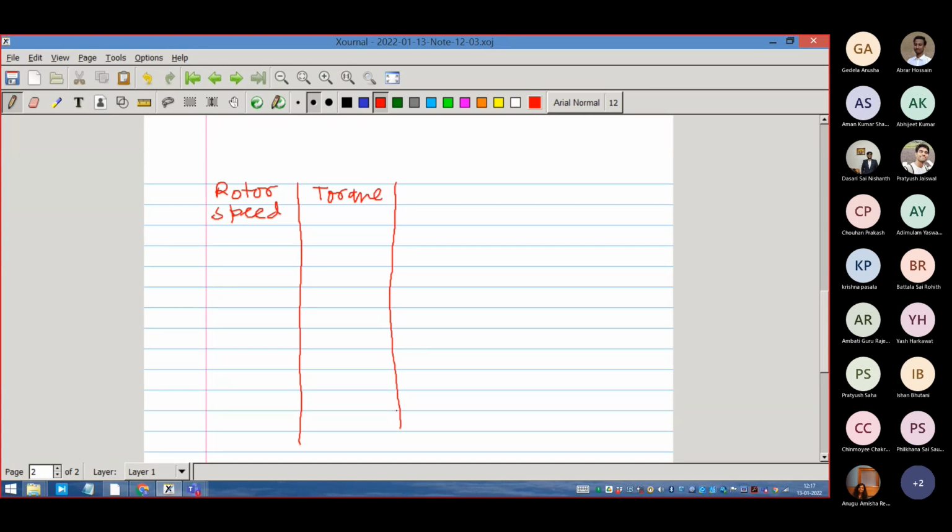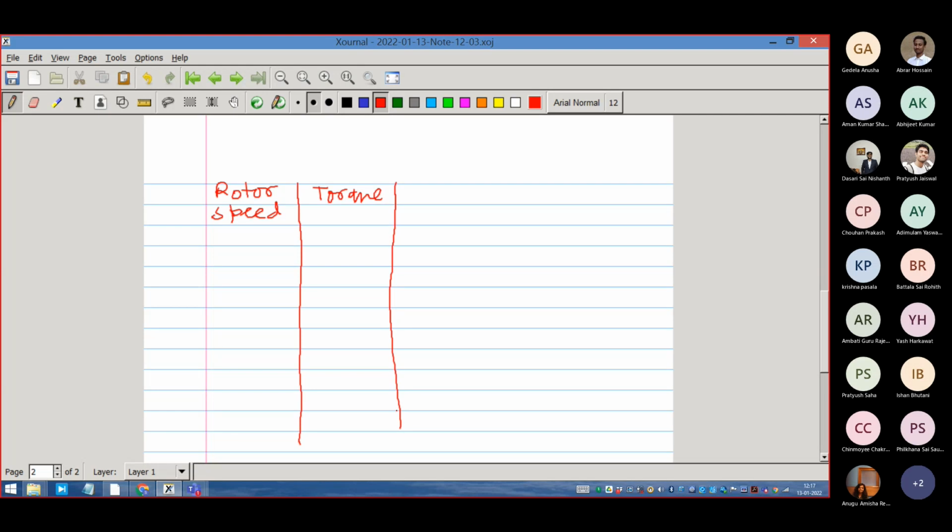So accordingly, I will decide the synchronous speed, because that is the speed with which the supply will be given. Not 100% true: the supply will be given at synchronous speed into P/2, which is the electrical frequency. But first you should know the synchronous speed in order to know the supply frequency. The electrical supply, 50 hertz, 60 hertz, or 10 hertz, or 20 hertz, you decide, because you are in the drive system and have the ability to decide this supply frequency.